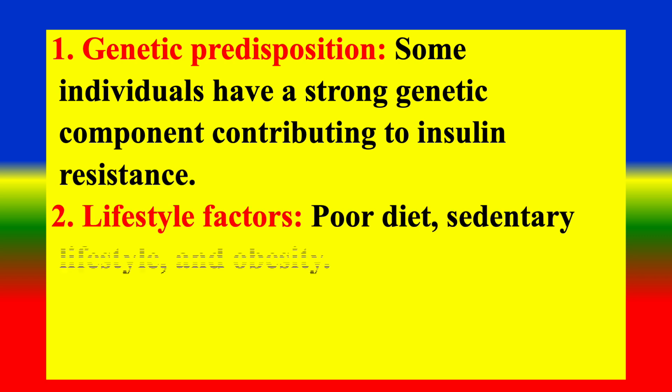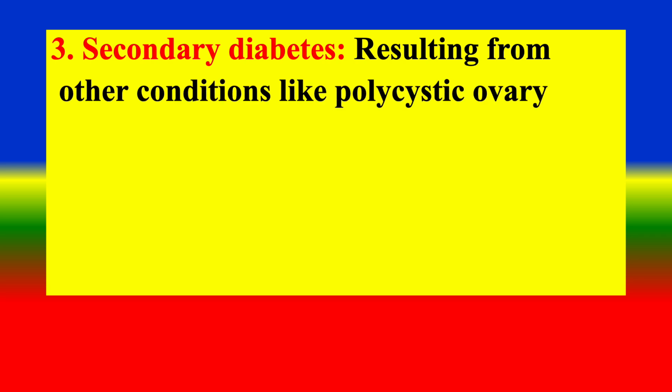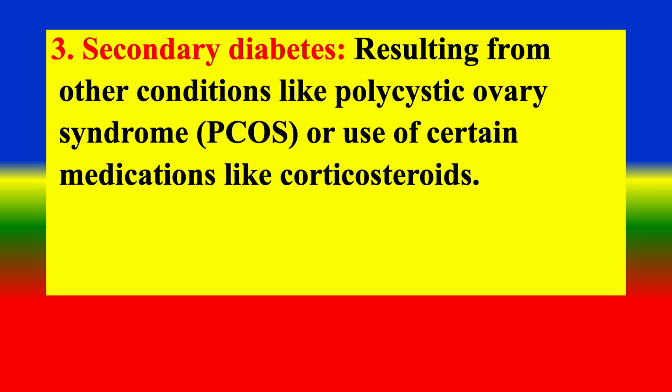Second, lifestyle factors: poor diet, sedentary lifestyle, and obesity. Three, secondary diabetes resulting from other conditions like polycystic ovary syndrome or use of certain medications like corticosteroids.